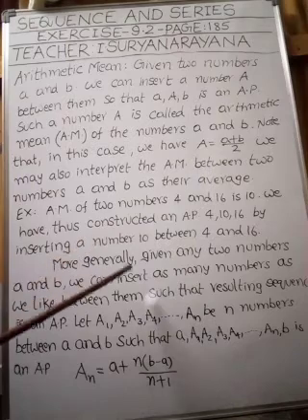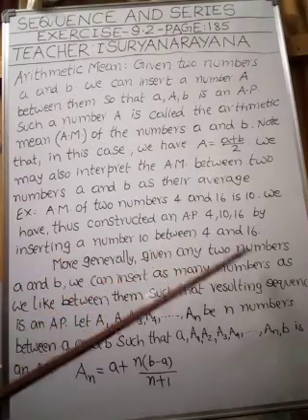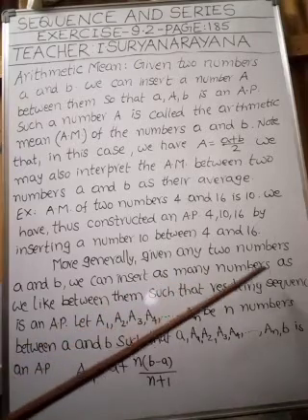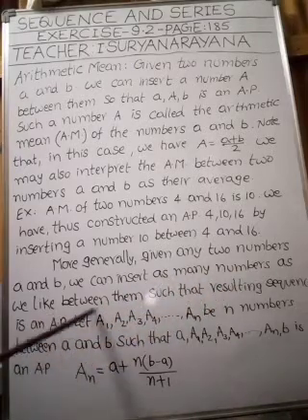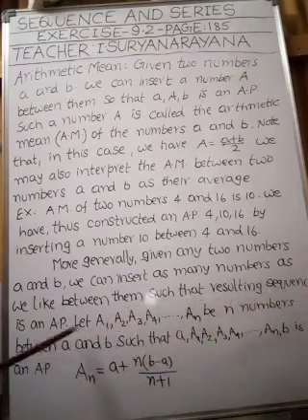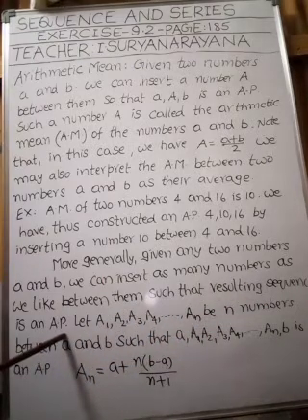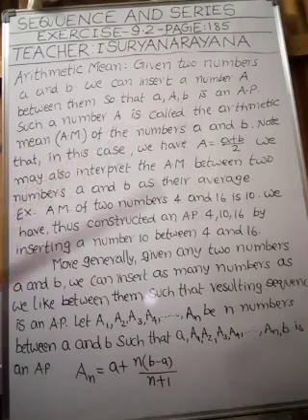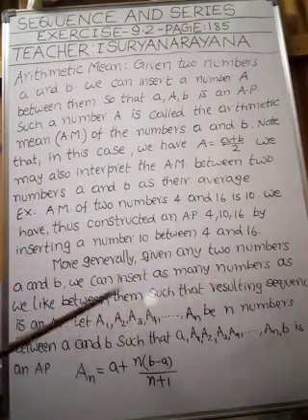More generally, given any two numbers a and b, we can insert as many numbers as we like between them, such that the resulting sequence is an arithmetic progression. Not only a single number, we can insert as many numbers as we like.